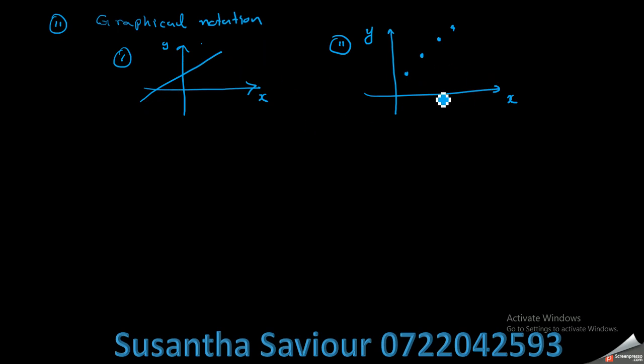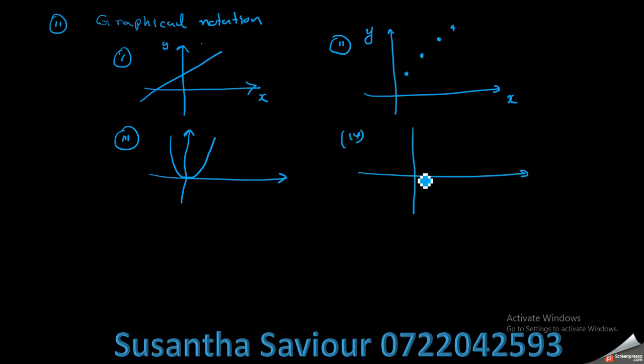This is also a relation. If I take another relation, say something like this, this is a graph which you are really familiar with from your small age. And then something like this is also a relation between x and y.